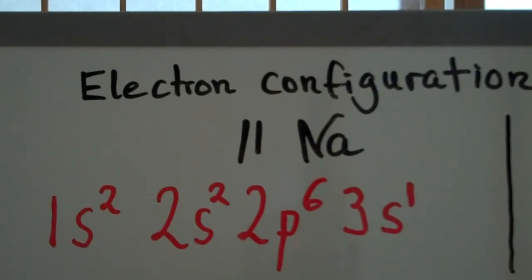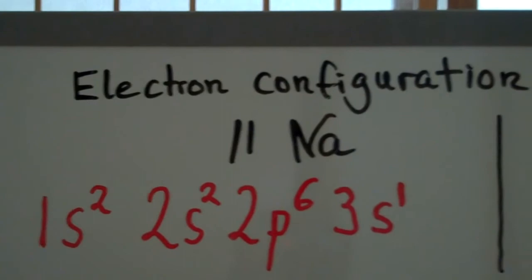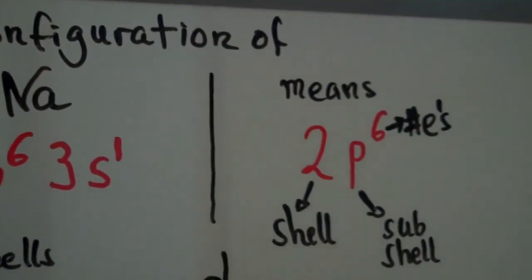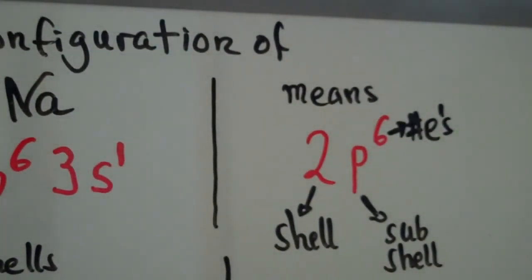The electron configuration for 11 sodium, Na, is written as 1s2, 2s2, 2p6, 3s1. What does this mean? The 2 means the shell number.